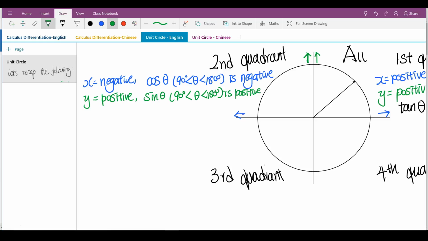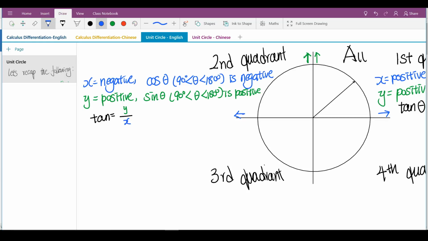Right? Last one, tan. Now, we know that tan is equal to y over x. Correct?